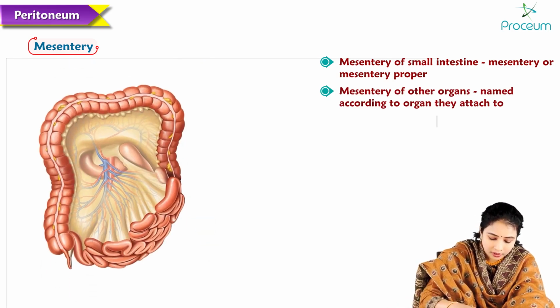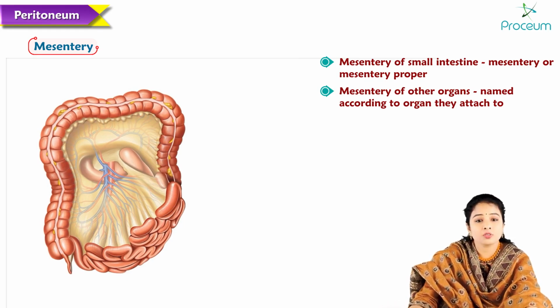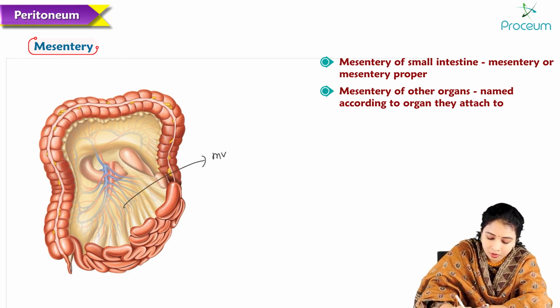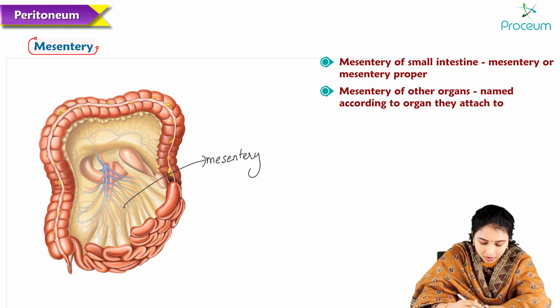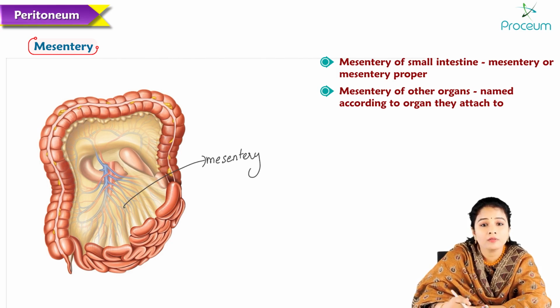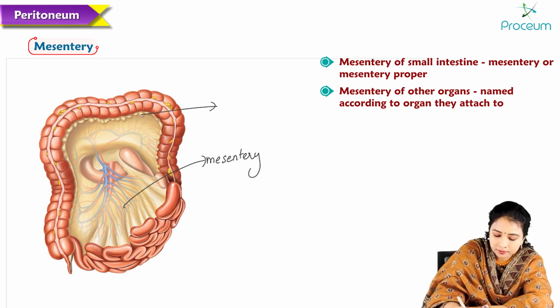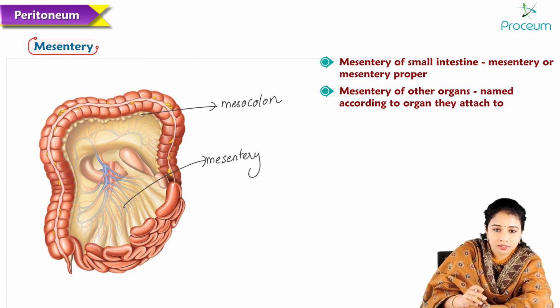So here in this image we can appreciate the mesentery of the small intestine and mesentery of the colon as well. So this is the mesentery of small intestine, which is simply called as mesentery. So mesentery, which is called as mesentery proper, which is associated with the small intestine, whereas the mesocolon covers the large intestine, and transverse mesocolon and mesoappendix.